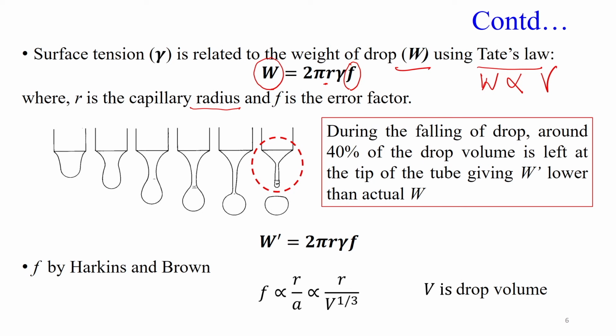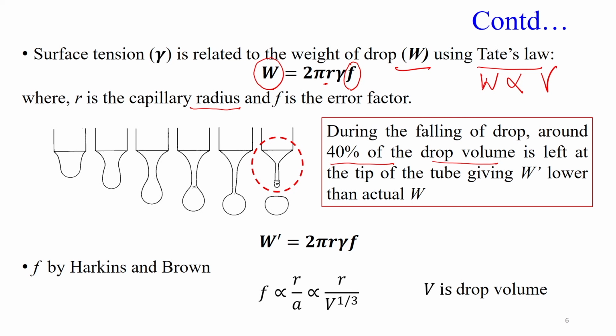So, if you just see what happens during the formation of a drop from a capillary tube, the weight of the drop is increasing, and once the weight of the drop is sufficient, then it detaches from the capillary. Now, it is detaching from here, but again some volume of the liquid is still attached to the capillary, and it is found that about 40% of the drop volume is left at the tip of the tube.